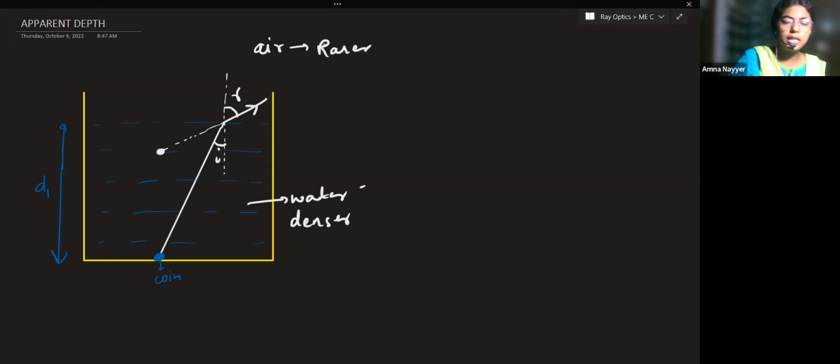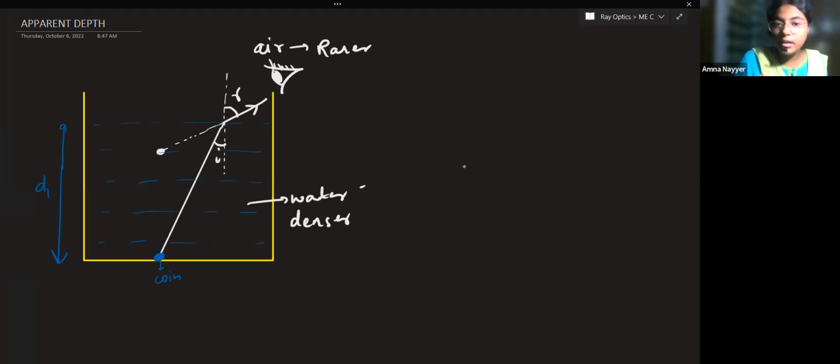I am able to see this. So if a human eye is kept over here and you are viewing this, will you be able to see this bending? Will your eyes be able to see this obliquity that has arisen, or the shift in the angle that has arisen, or will your eyes see a straight line? Light travels in a straight line. This is a property that we all are aware of.